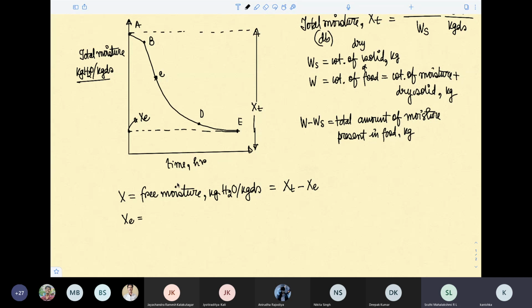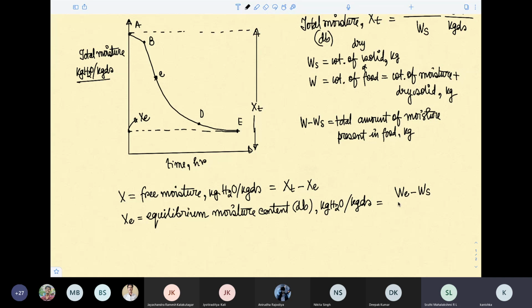Xe is the equilibrium moisture content, also in dry basis, kg H2O per kg dry solid, which equals We minus Ws divided by Ws.